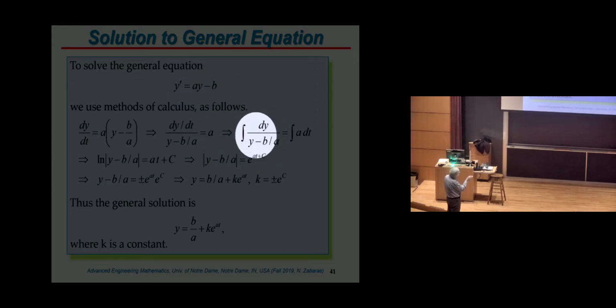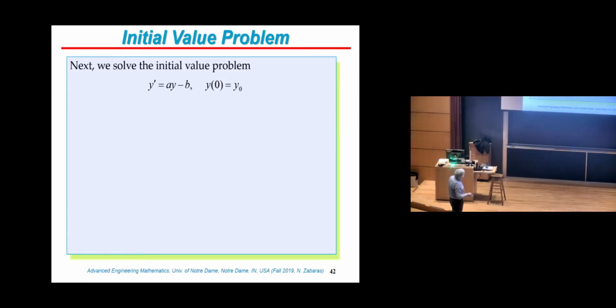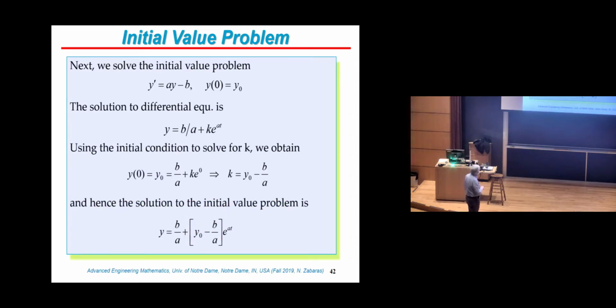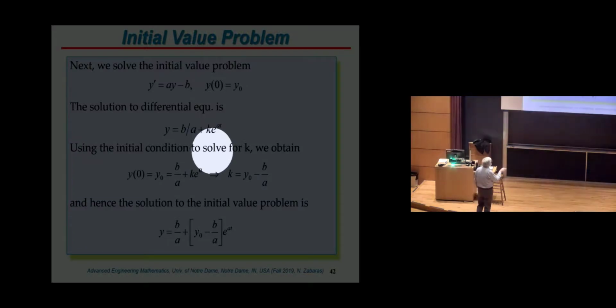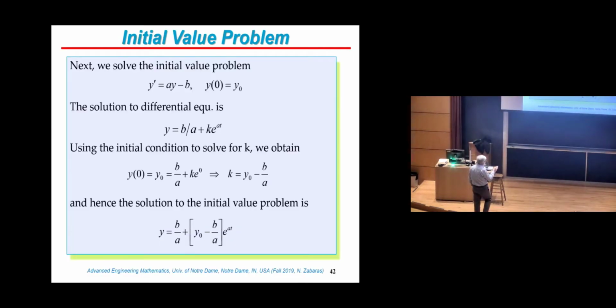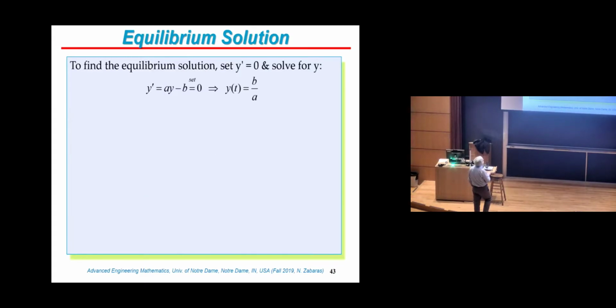You can write this dy over y minus b over a equals a dt. So you put a outside the parenthesis like that. You solve it, and if you put the initial condition at time 0 to be y of 0 equal y0, you get the solution that you see on the bottom. So this is how the solution for this equation looks for any time t.